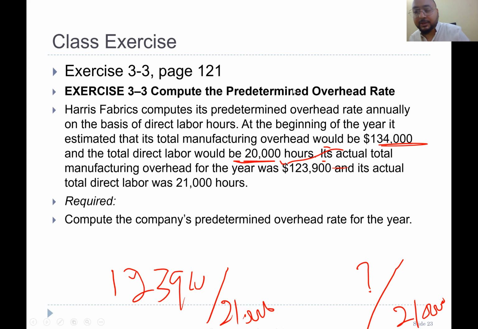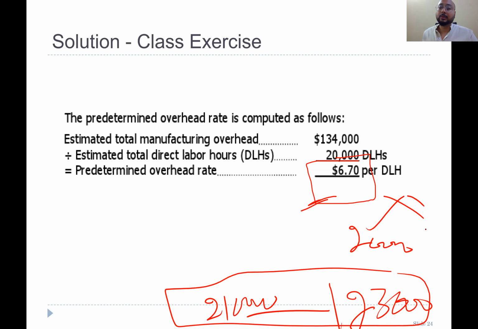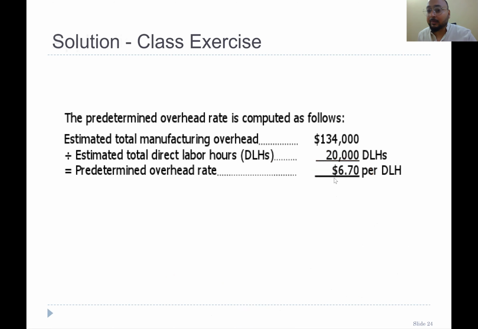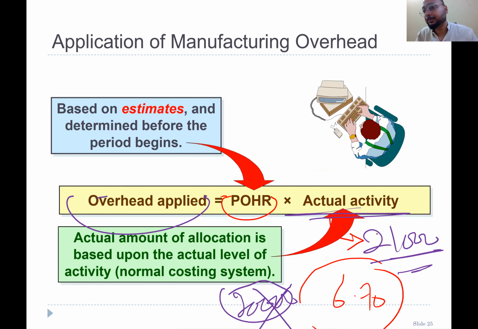So what is our POHR? Simple. 134,000 divided by 20,000, the answer is 6.7. So can we compare this 6.7? The answer is no. Why? Because this 6.7 is based on 20,000 and our actual is based on 21,000. So it is useful? No. Let's make it useful. You just multiply it with actual activity. Actual activity is 21,000.